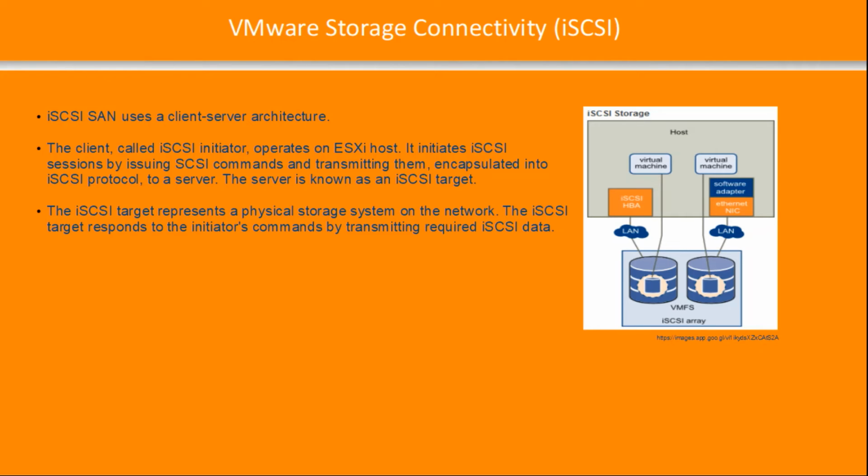The right hand side shows a software adapter which is pre-bundled with the ESXi host and allows connectivity over a standard Ethernet card. However, one can also choose to use an iSCSI dedicated HBA, which is slightly more expensive and provides 10 to 20% performance gain, but uses the TCP/IP network to connect to the iSCSI array.